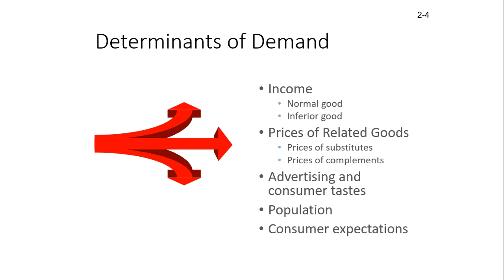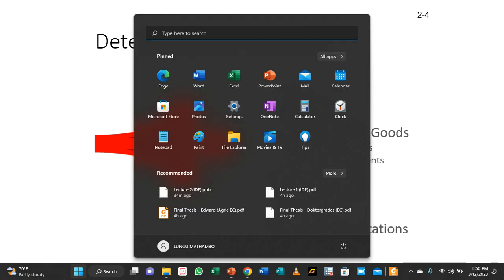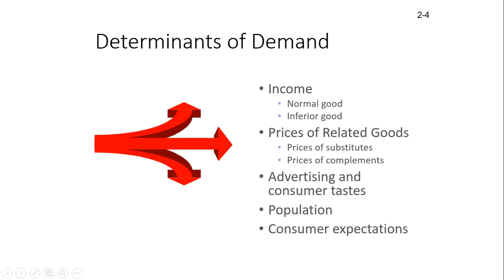If you're dealing with a normal good, assuming that there's an increase in income, then there is going to be an increase in demand for that particular good. If you're dealing with an inferior good, an increase in income will have a negative impact on demand. Okay, so that is how you are supposed to do your explanation. So that is how income affects demand.